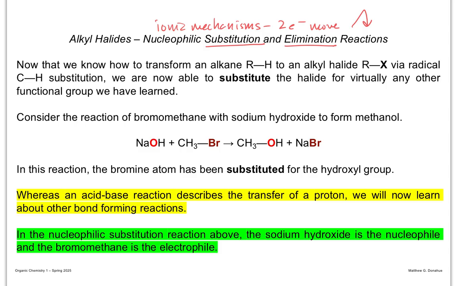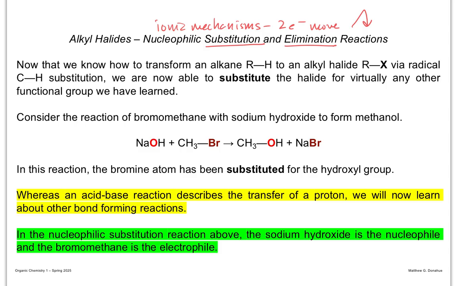And then from that, we're functionalizing. So we're increasing the oxidation state of a carbon to add a halogen. And the halogen, as we see, is a good leaving group. So we're going to introduce some new terms today. And once the halogen is in there, we can substitute it for any functional group you've learned in module 1 and 2.